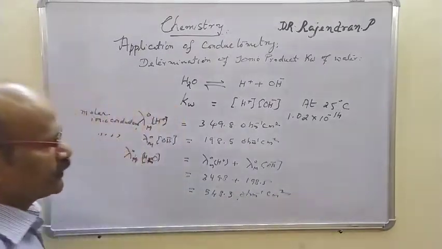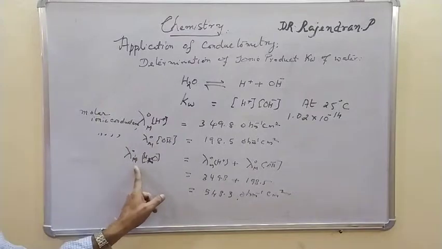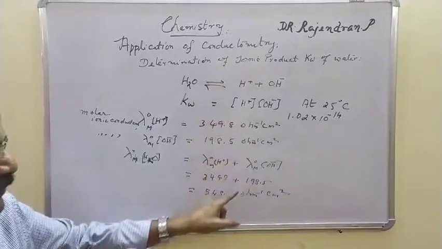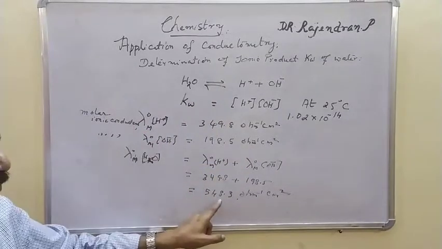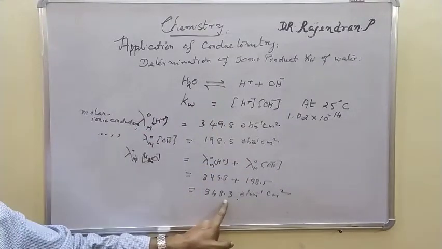So this is the value of the molar conductivity of a sample of water obtained by conductometric measurement, which is taken as that at the stage of infinite dilution. So lambda 0 m H2O is like this.